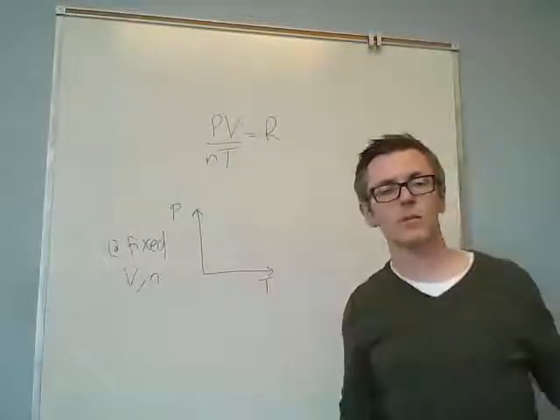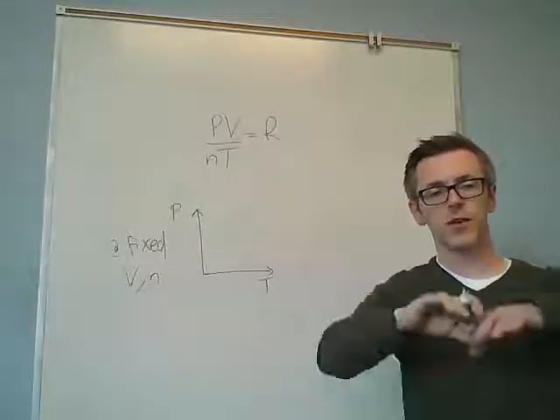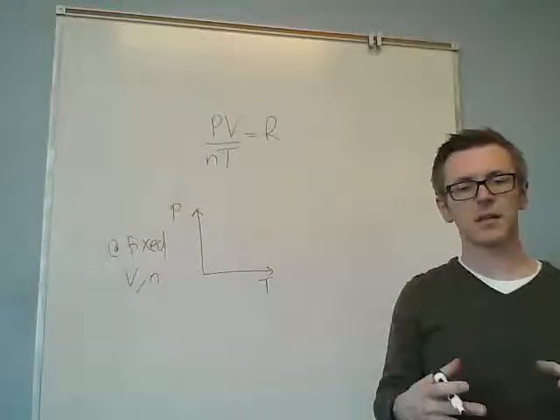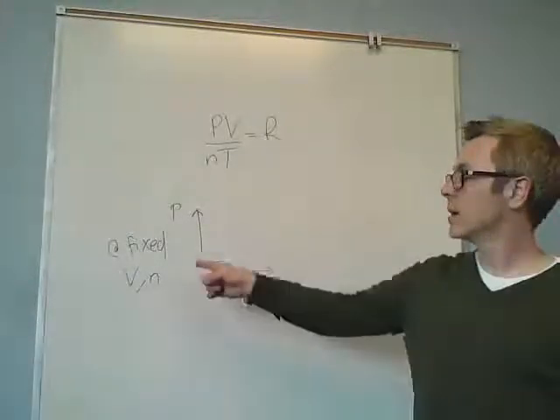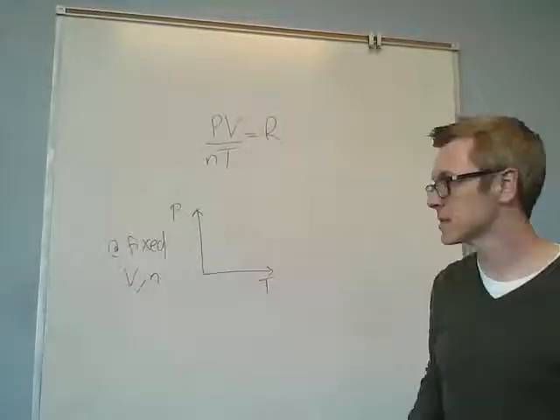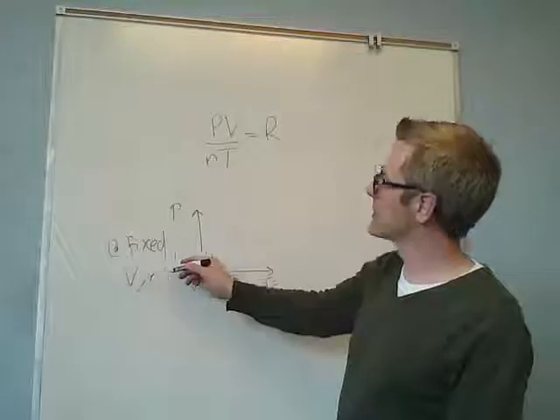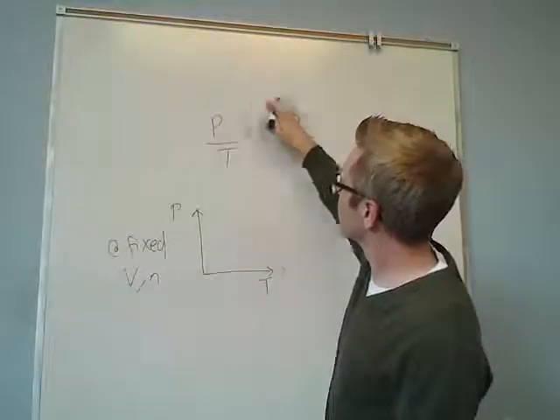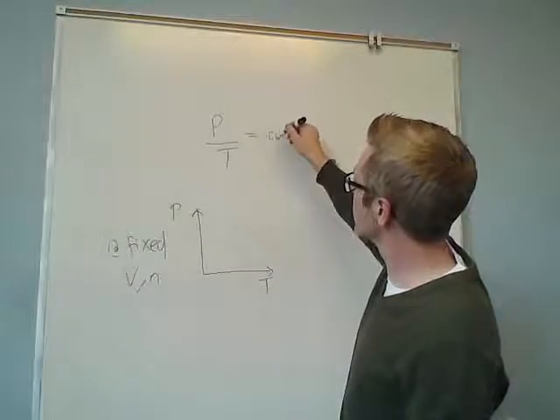So we don't allow this thing to change volume. We have hard walls, a hard exterior, maybe a steel canister, and we don't allow anything in or out, so the moles are fixed. If we are fixing V and N, we can ignore it. Remember, R is just a constant.